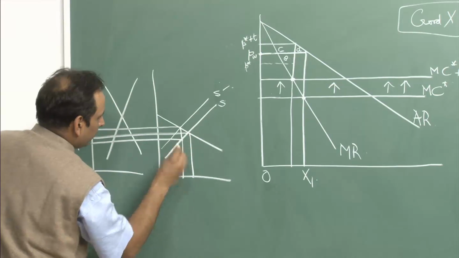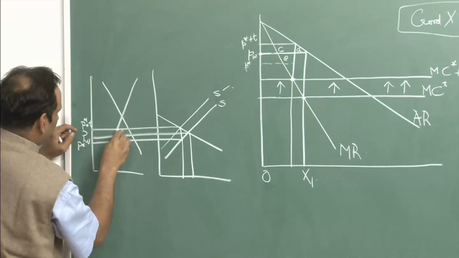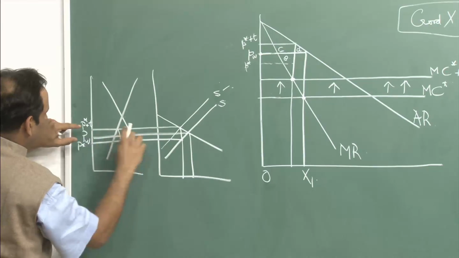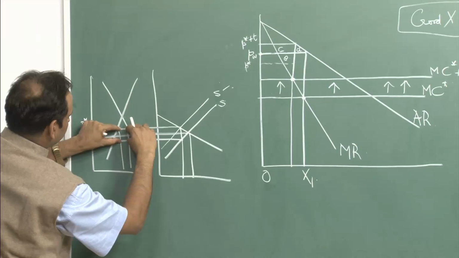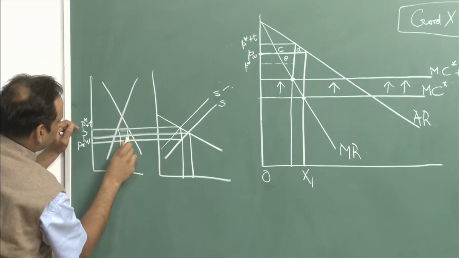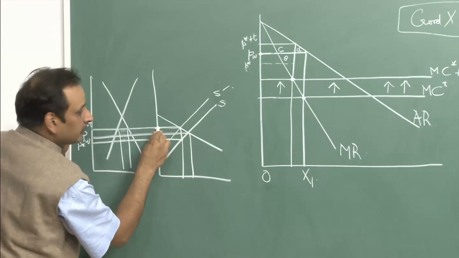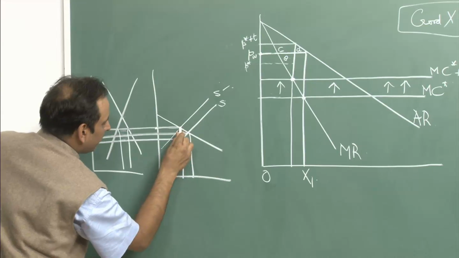Because this tariff revenue, this P star plus T, accrues to the government. So, the foreigners do not get this price; foreigners get a price bereft of tariffs.